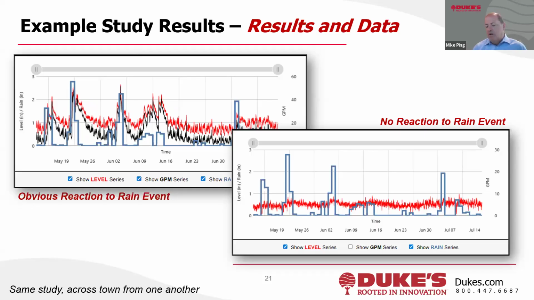Very little reaction. In contrast, the one on the left over there, this is the same study, across town from one another, really in the same neighborhood, not too far away geographically, but same rain event. And you can see the red line, which is literally just the level in inches. It's jumping up to about 2.5 inches.